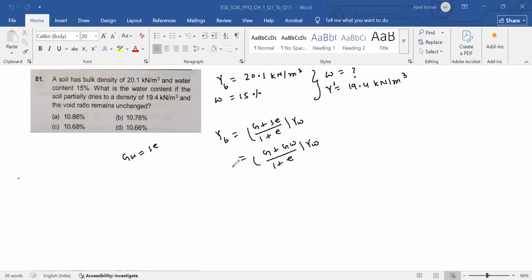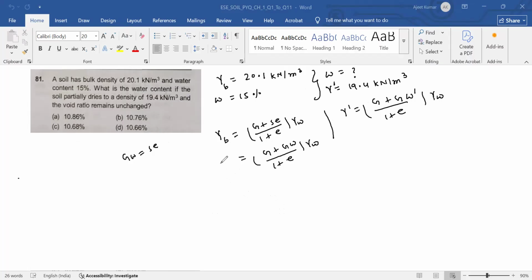So this is gamma b, and if we take gamma prime, then G will remain the same plus G into w prime, divided by (1 plus e), which remains the same, into gamma w.